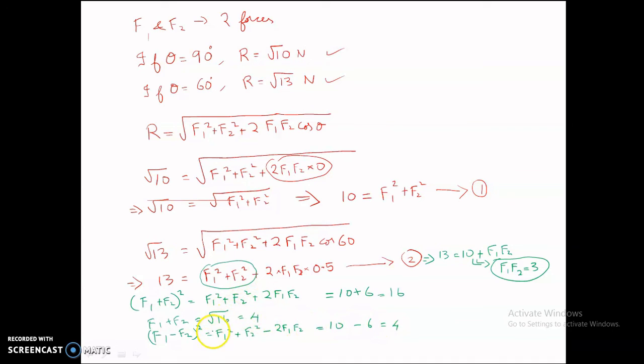So on taking the square root we get F1 minus F2 as root of 4, that is equal to 2.